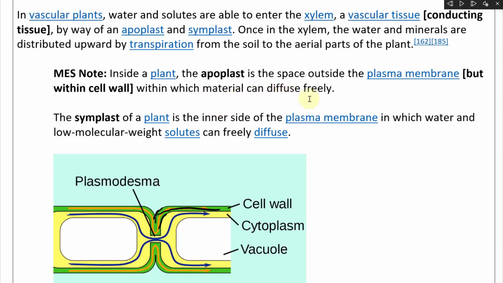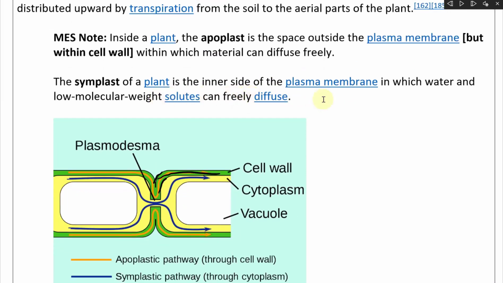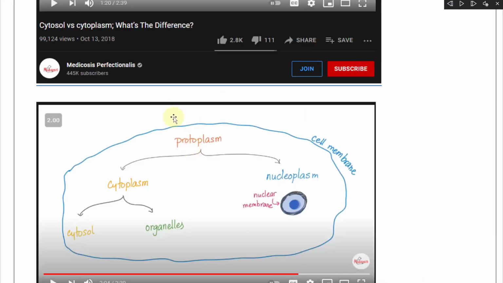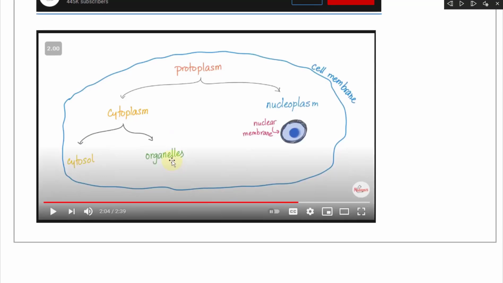Within it, material can diffuse freely, and the symplastic is the inner side of the plasma membrane in which water and low molecular weight solutes can diffuse freely. So it's within the cell membrane, essentially the cytoplasm, which is all the stuff inside the cell membrane, outside the nucleus. Here I just quickly teleported back to the part where we went over the cytoplasm.